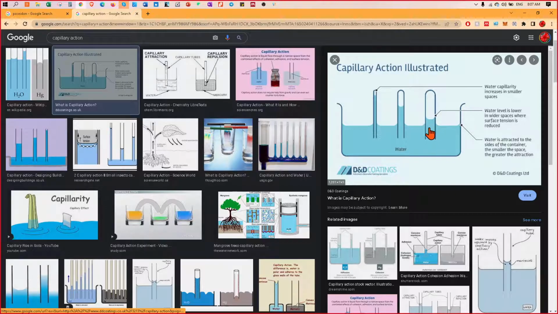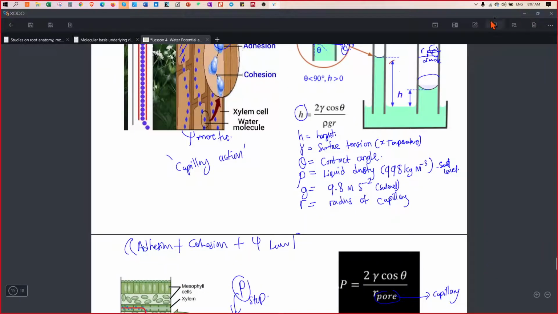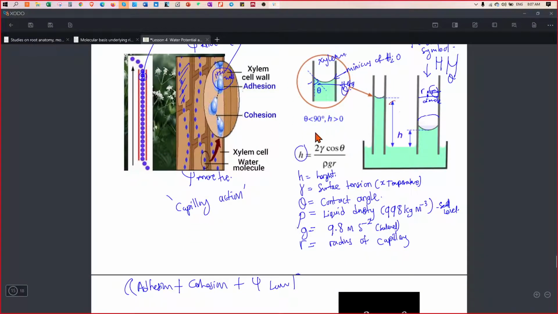The water doesn't travel upward very much. So the capillary action here is actually following this formula. You see it divides by the radius of the capillary.